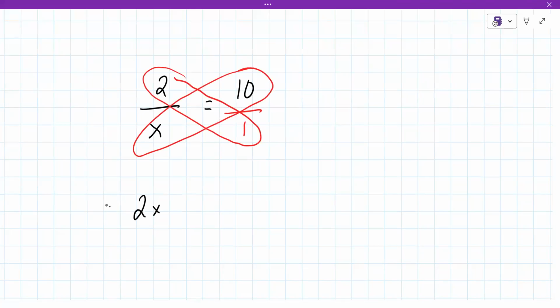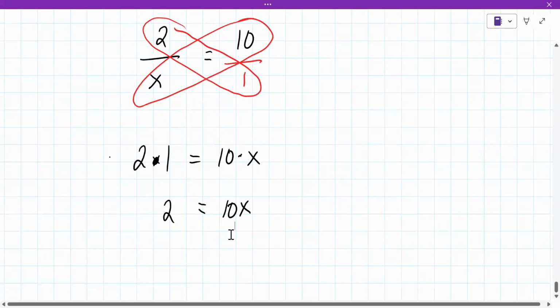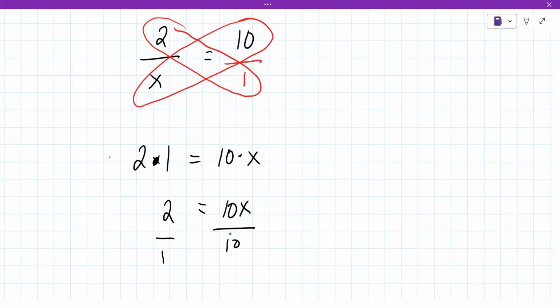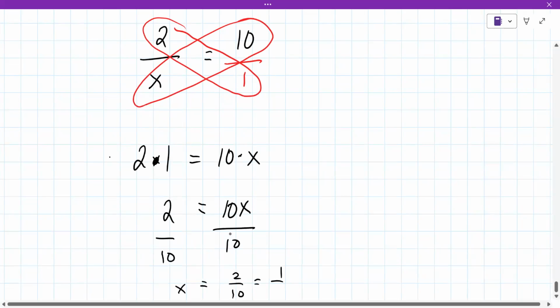So 2 times 1 equals 10 times x. 2 equals 10x. What would you do to solve from here? I would divide by 10. Divide by 10. You always look at the side with the variable. So x equals 2 divided by 10, or 1/5.